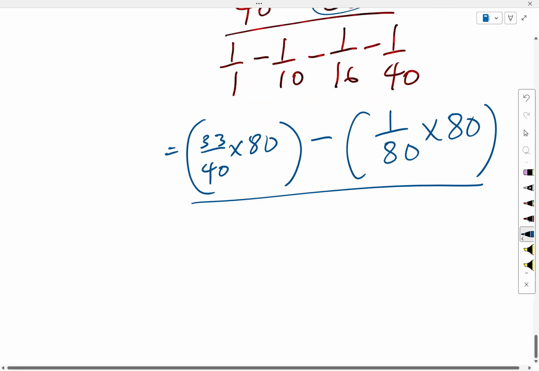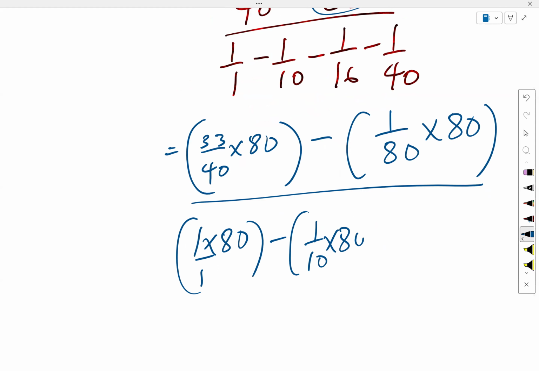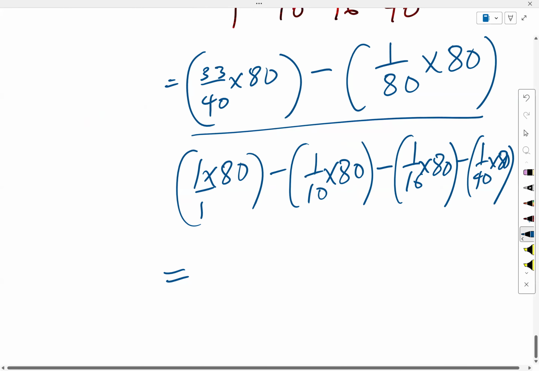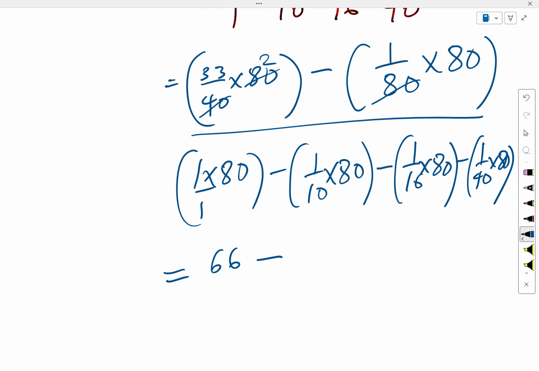Then you have 1 times 80 down here, 1 over 10 times 80, 1 over 16 times 80, and lastly, 1 over 40 times 80. If we tidy that up, 40 here is 1, 40 here is 2. So 33 times 2, that's 66, minus 80 times 1 over 80, that's 1.